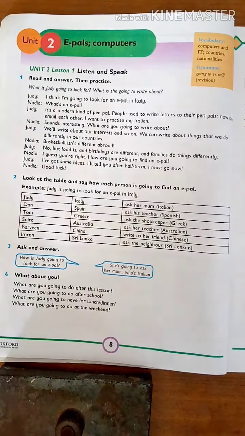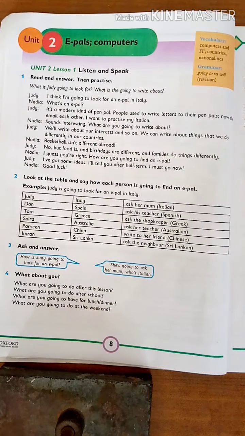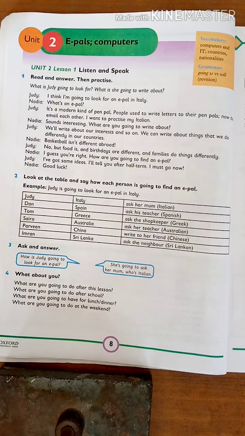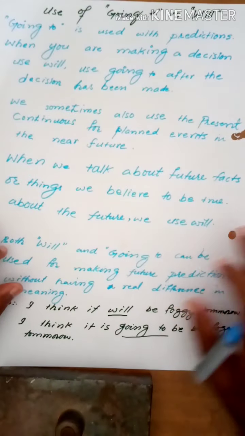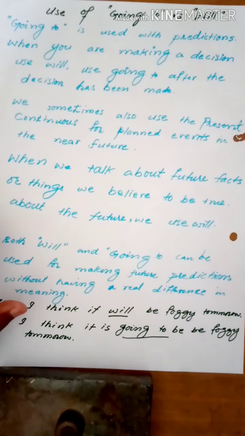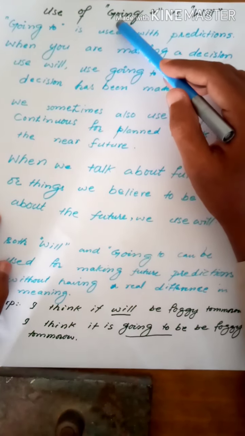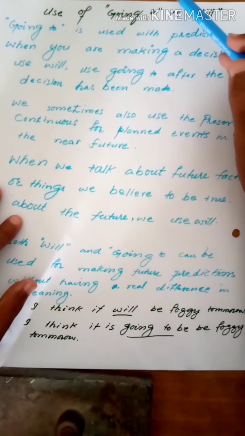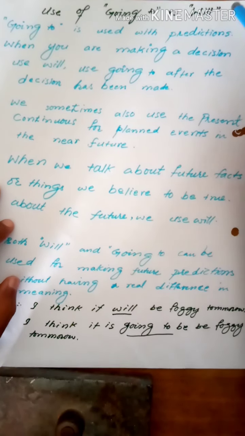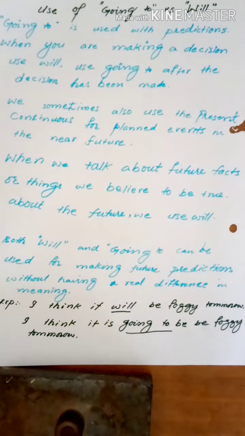Okay, so dear students, I have made an assignment for your ease, as you are watching on your screen. I have put a headline here, use of going to versus will. When do we use going to and when do we use will?